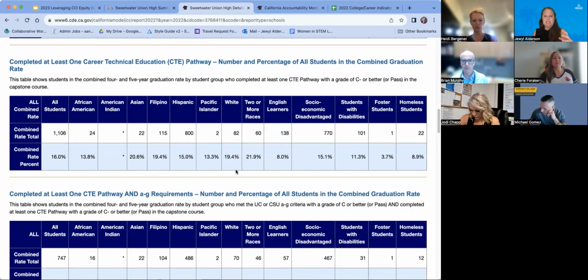We know that CTE builds this smaller learning community. Students actually see why they go to school, what's important. Wow, I can apply my learning in a new way. And so it not only makes buy-in in your CTE class, but you may see additional buy-in in your other classes. So when we're talking about student engagement, CTE can be a strategy in order to increase graduation rate of your special populations.